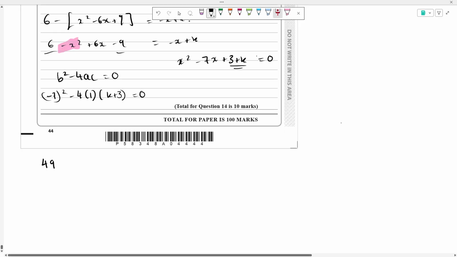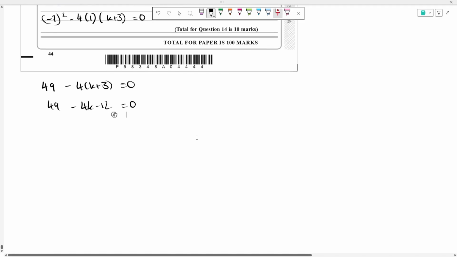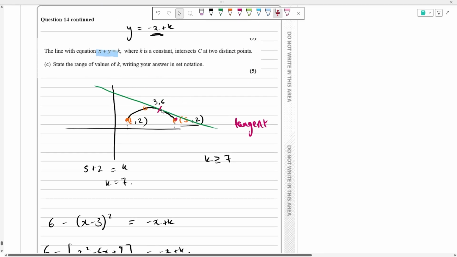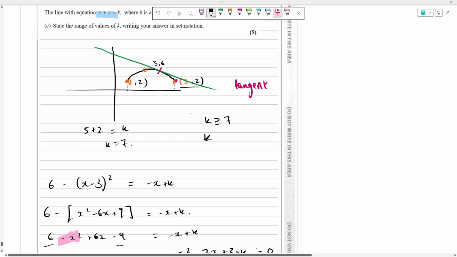Therefore 49 minus 4 times (k plus 3) is equal to 0. 49 minus 4k minus 12 is equal to 0. 49 minus 12 is going to be 37. 37 minus 4k is equal to 0. That means that k must equal 37 over 4, and that's our upper limit, and that's when it's a tangent. But we don't want a tangent, we want everything other than a tangent. So that means that k must be less than 37 over 4.